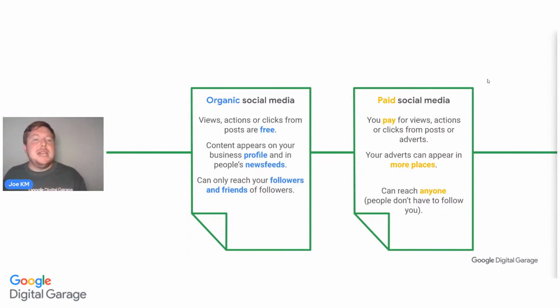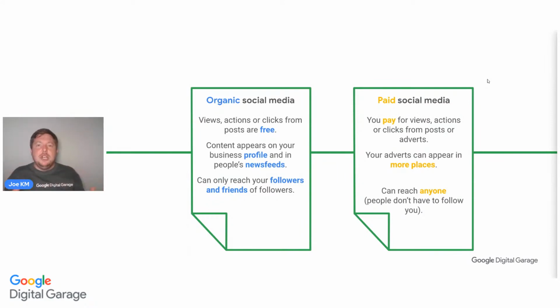The content appears on your business profile and in people's news feeds that follow your business or engage with your business, but can only reach your followers and friends of followers. So you've got to think, if you've got 100 people following you and their friends can see that, that is your circle of influence.